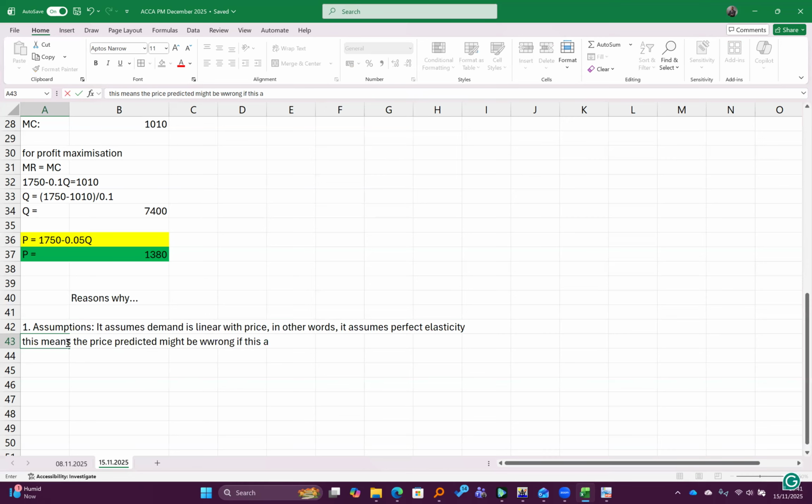If this assumption doesn't hold, you may have predicted a price which is higher than what you should be setting. When you set a very high price, you lose some of the demand. So that is a problem.